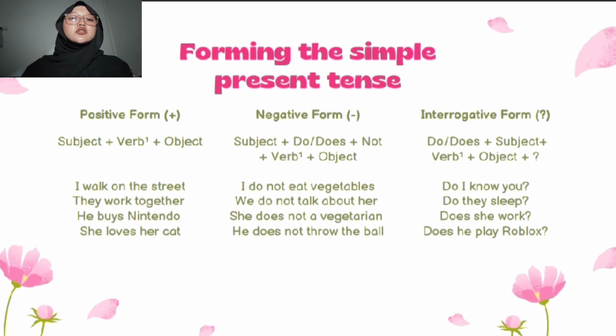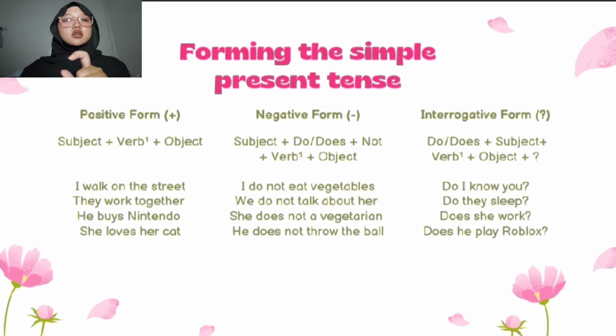Okay, so for the negative form, we use does for the singular subjects she, he, it, while the plural uses do.